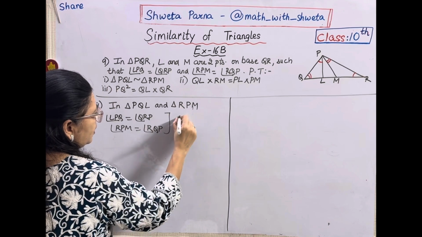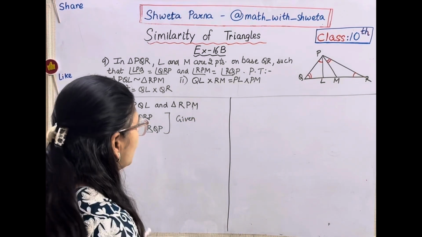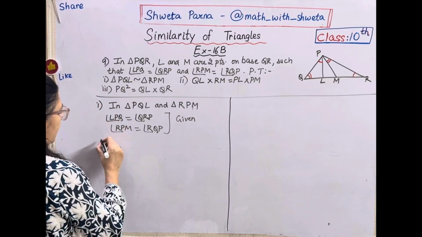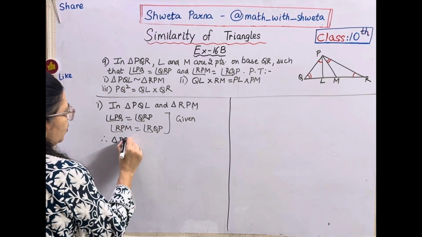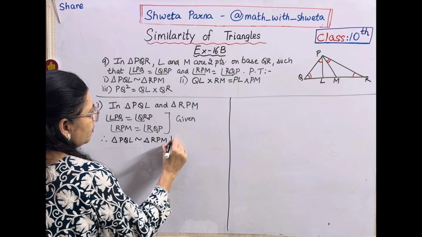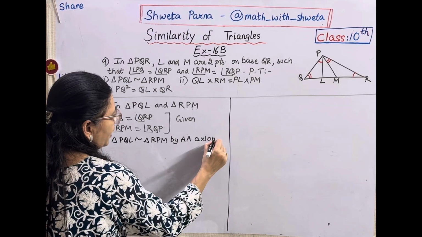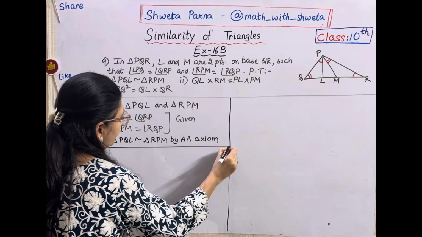This is given in the question. So, if both the angles are equal, therefore triangle PQL is similar to triangle RPM by AA axiom test of similarity.